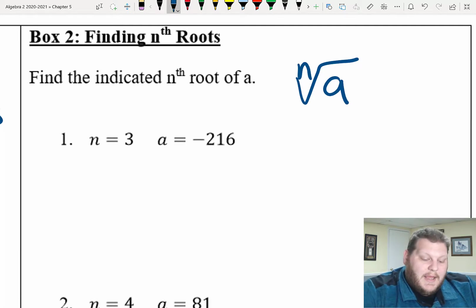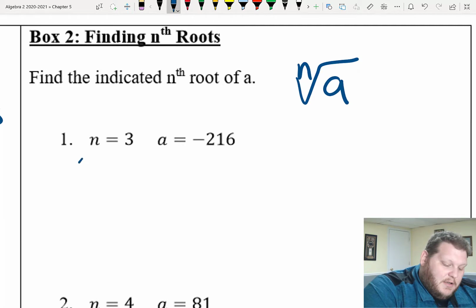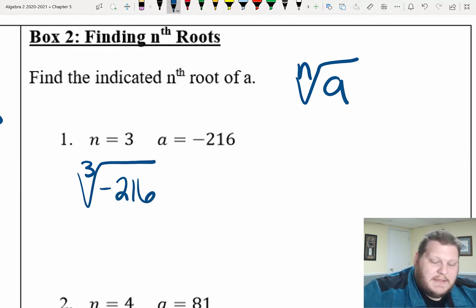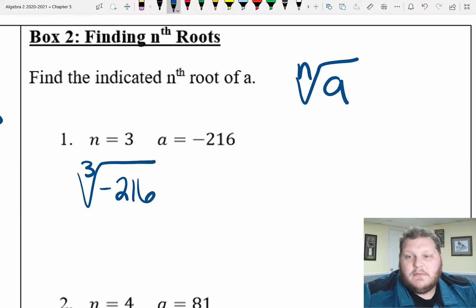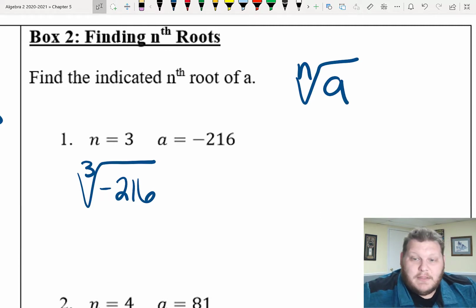Looking at problem number 1 that we're given here, this is asking us to find the cube root of -216. I know from box 1 that I'm going to have a negative number for my solution.